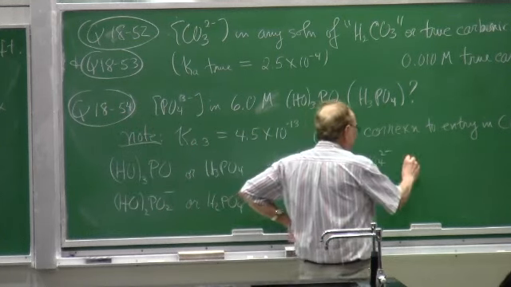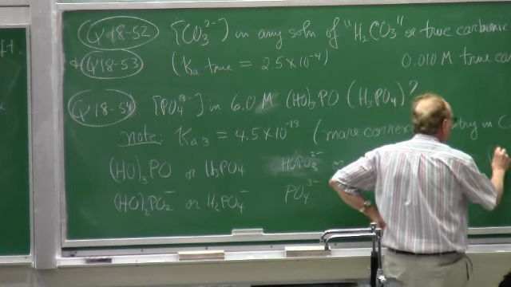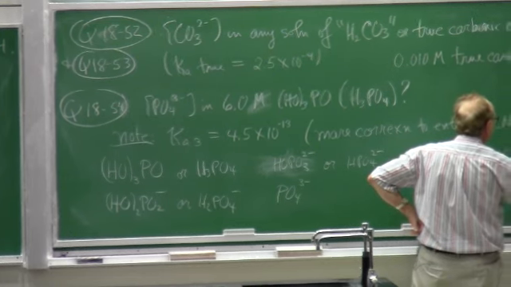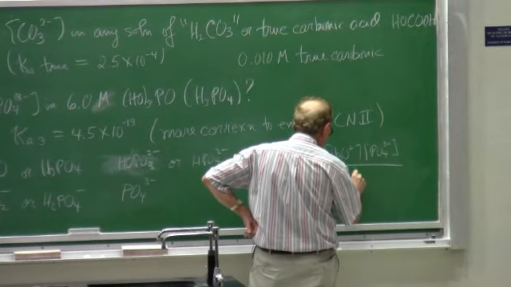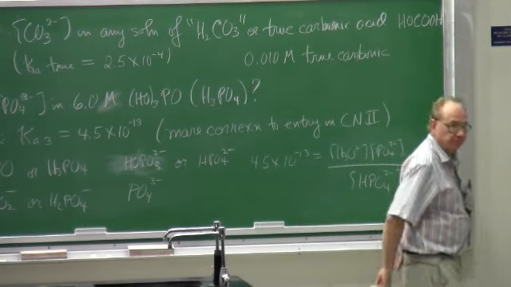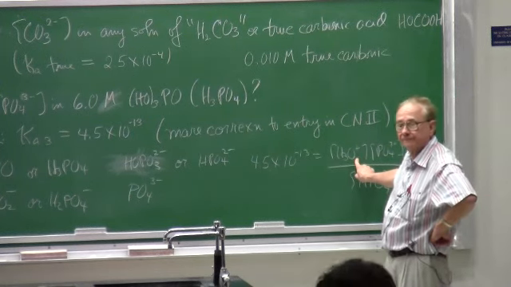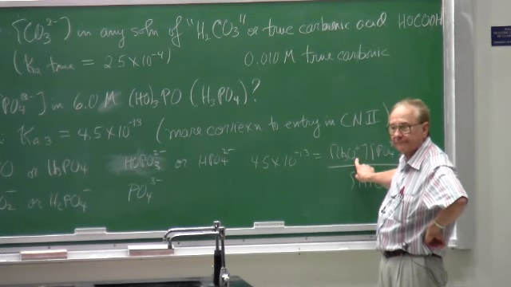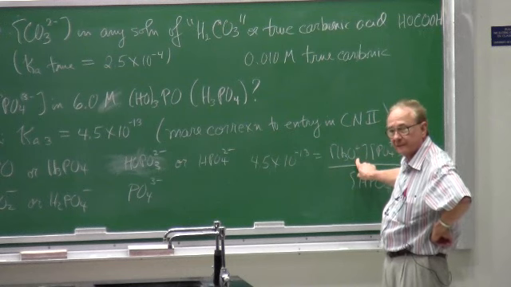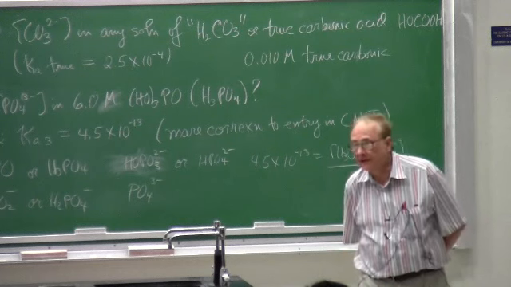So we'll write this. Where's this coming from? For this solution, how do we get the hydronium ion concentration? What calculation do we have to do to get the hydronium ion concentration?